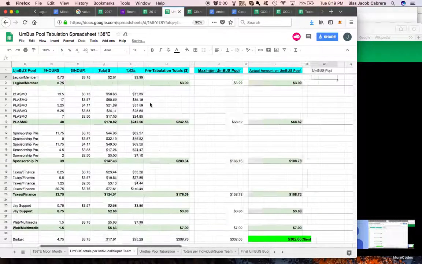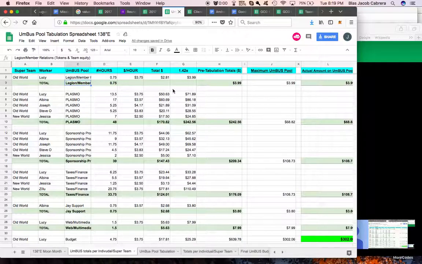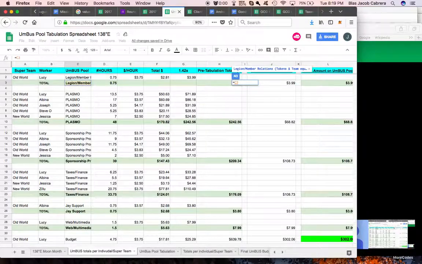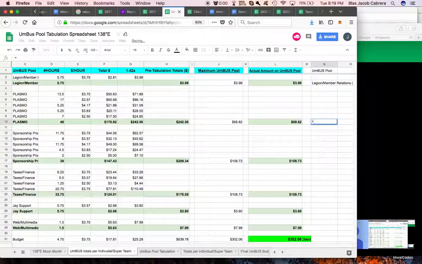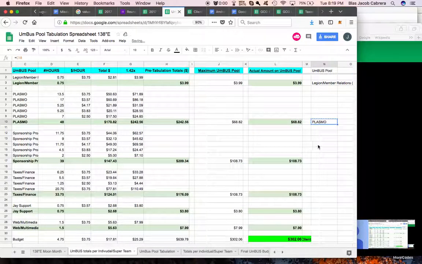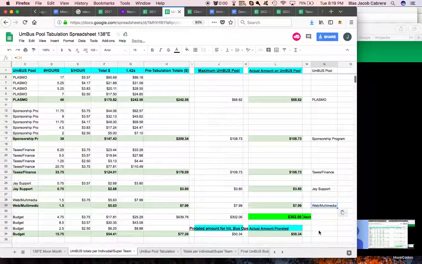The UmBUS pool is already listed over here. That's it right there. So we can just use an equal sign. In the future, this should all be done automatically; we won't actually have to even do it. This is just for organization purposes so that we can see it a little bit better and know what we're working with.